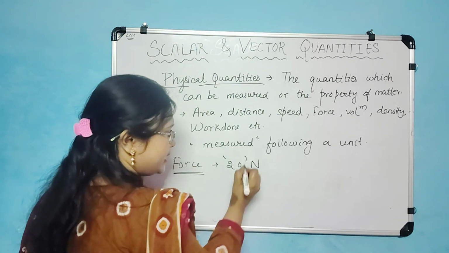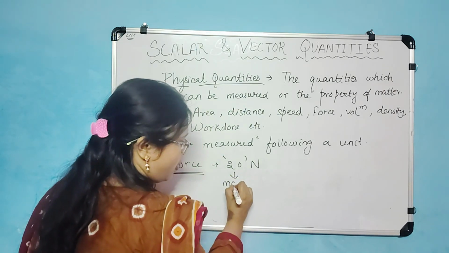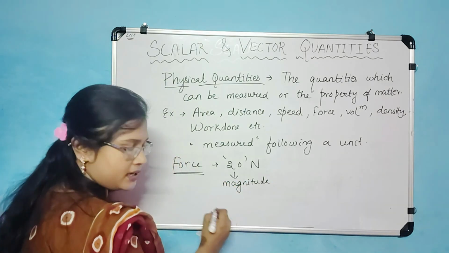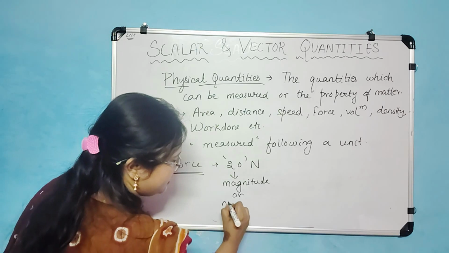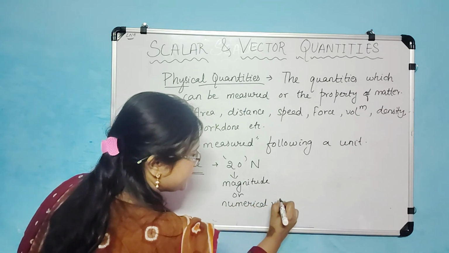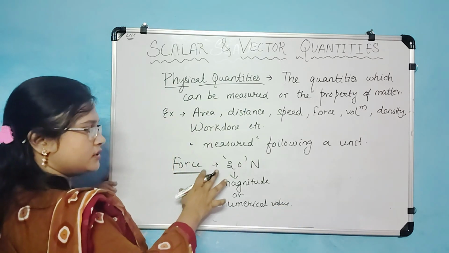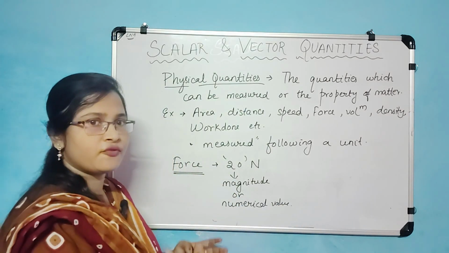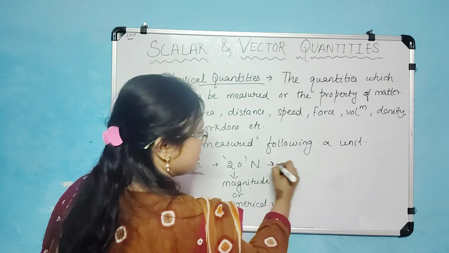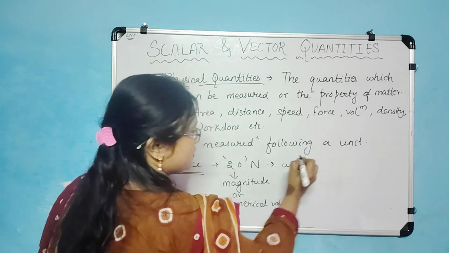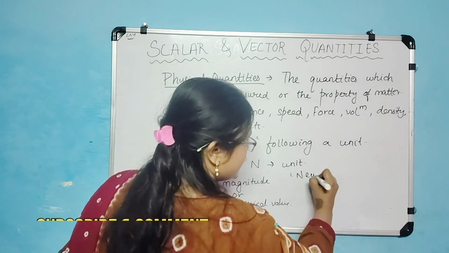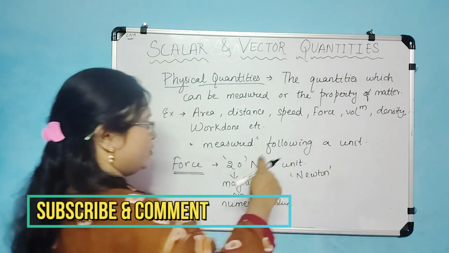That means 20 here is the magnitude or the numerical value. So we know that 20 is the numerical value, that is the force applied on an object. But N is the unit. N means Newton. Newton is the unit of force.